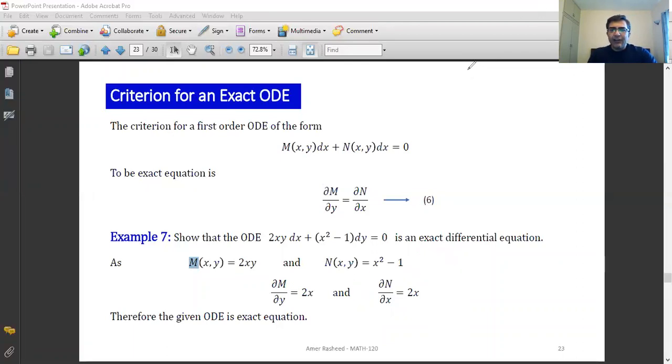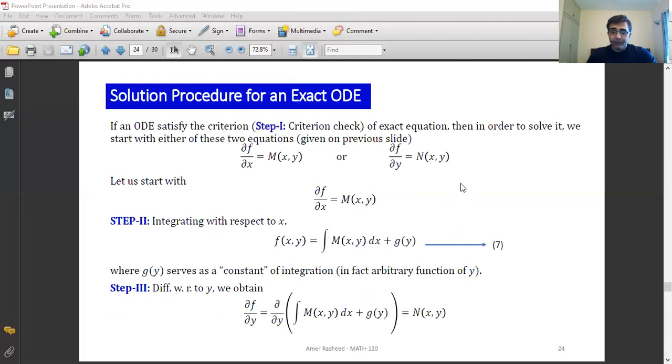So whenever we integrate a function of two variables with respect to one variable, for example x, the other variable will be treated as constant, and we add another function of y, g of y, which serves as the constant of integration, or arbitrary function, because this function of y might have become 0 while taking the derivative with respect to x.